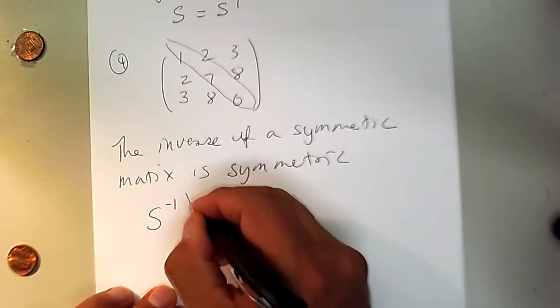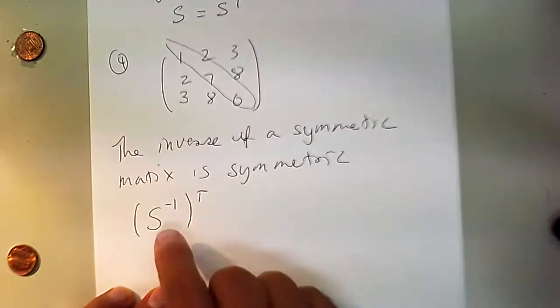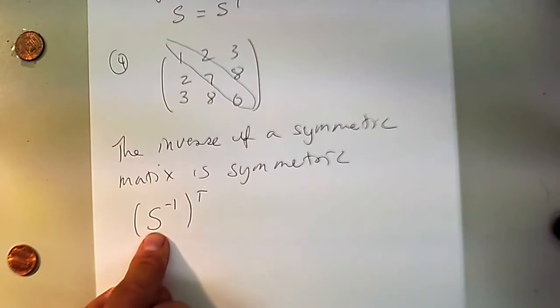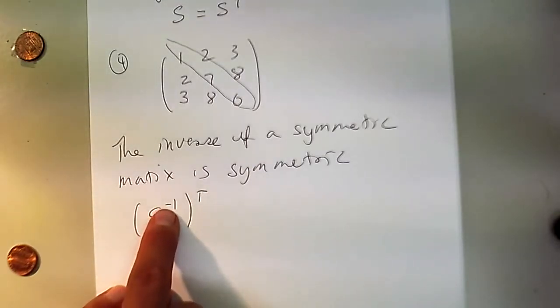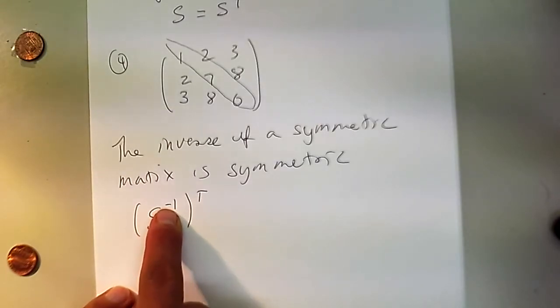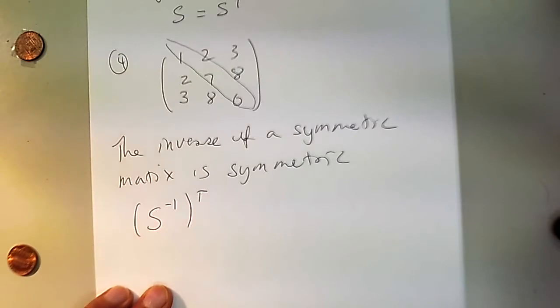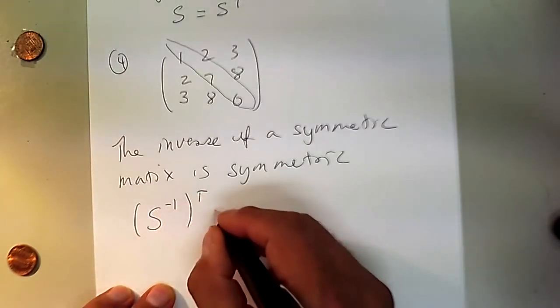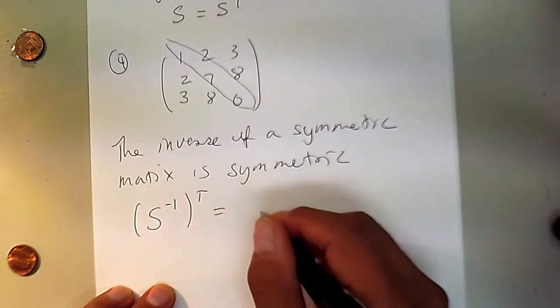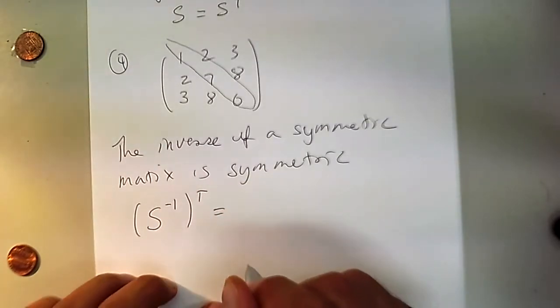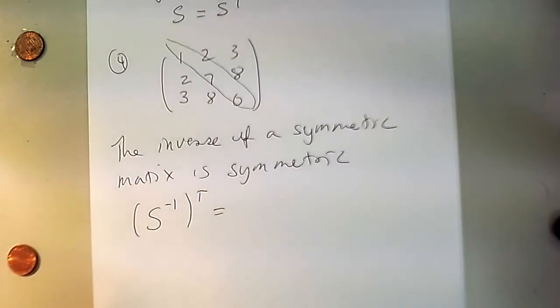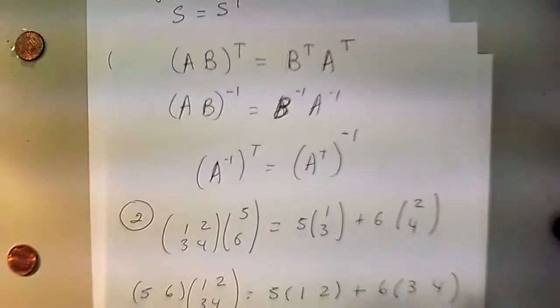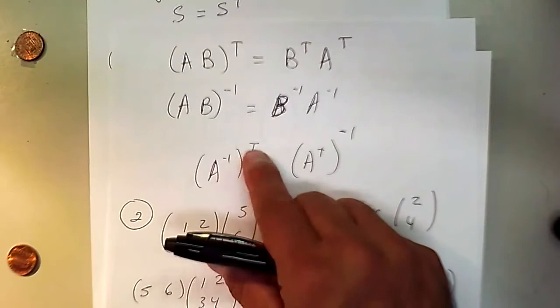Well, let's take the transpose of it. So we assume S is symmetric, and that's why I'm using the letter S for symmetric. It's a matrix that is symmetric. Consider its inverse. We don't know if the inverse is symmetric or not. Let's do the transpose of that. Well, one of the facts we established earlier was that the inverse and the transpose commute.